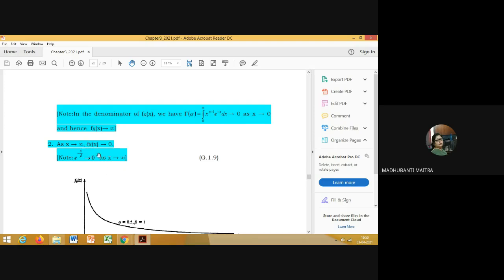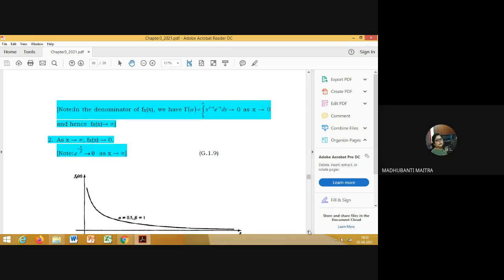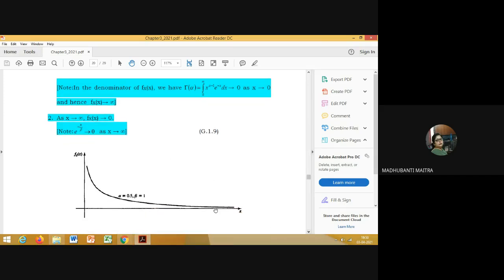This is the second property. As x tends to infinity, f(x) tends to 0. Now, this is a typical density function where the random variable x is following a gamma distribution. Here, the values of the parameters are alpha equal to 0.5 and beta equal to 1.